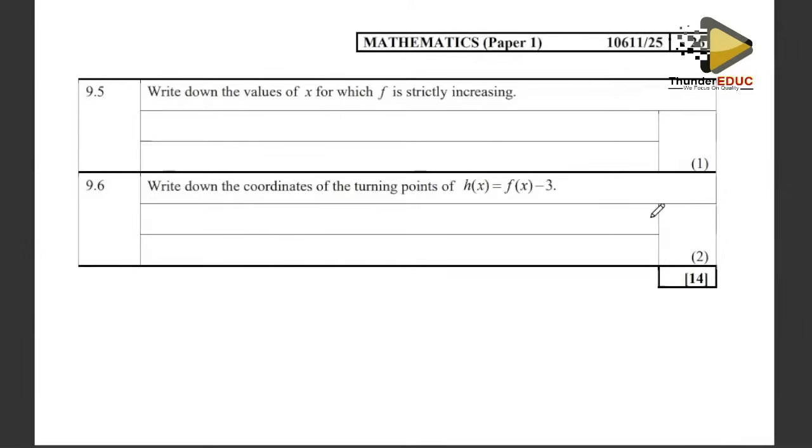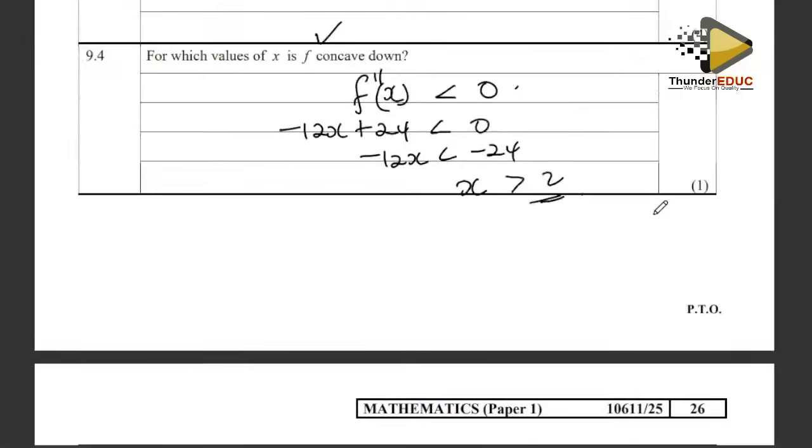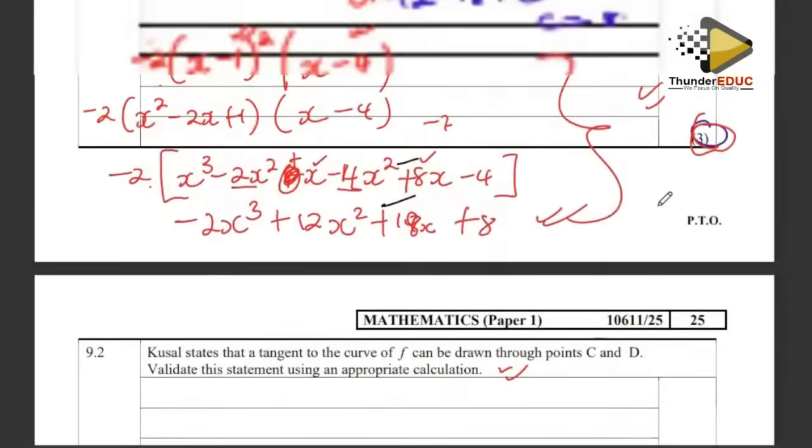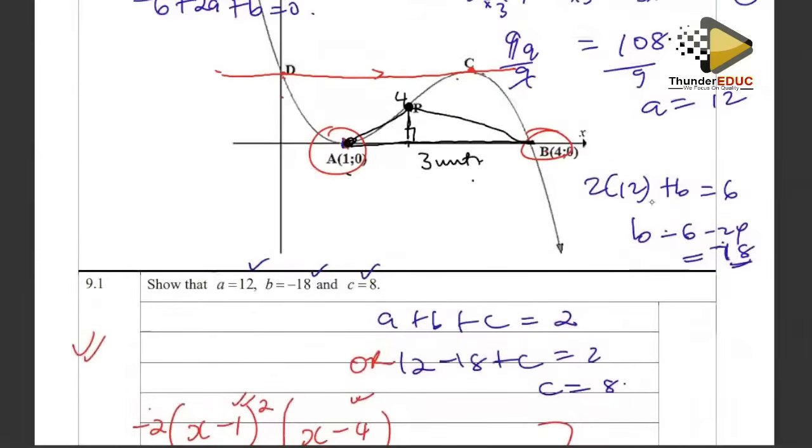Okay, then write down the values of x for which the graph is strictly increasing. So if this is a 2, okay, that is a 2, this is a 1, okay, the distance there is 1 unit, so this turning point here must be at a 3.